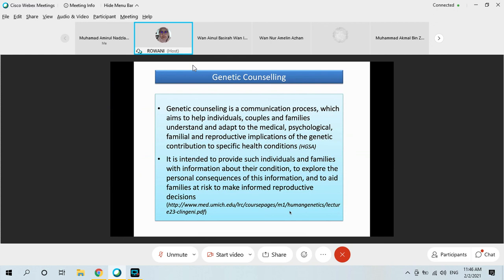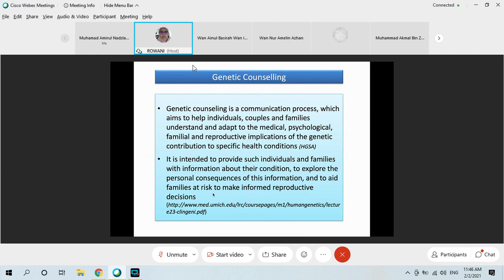Implication of this genetic disease. What I said just now is the definition given by the Human Genetic Society of Australia. But in layman's terms, you are trying to help them, to give them information when a family is known to have a specific genetic disorder.